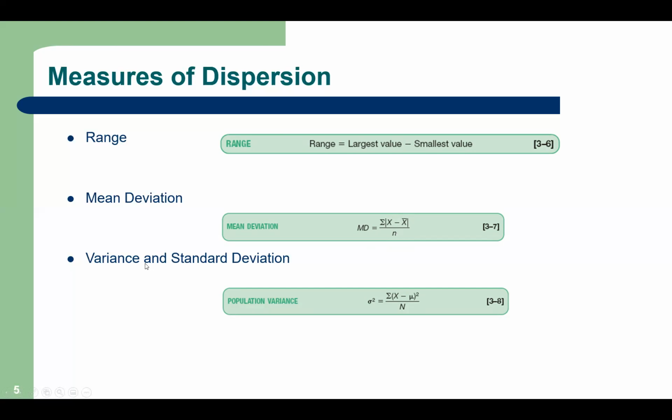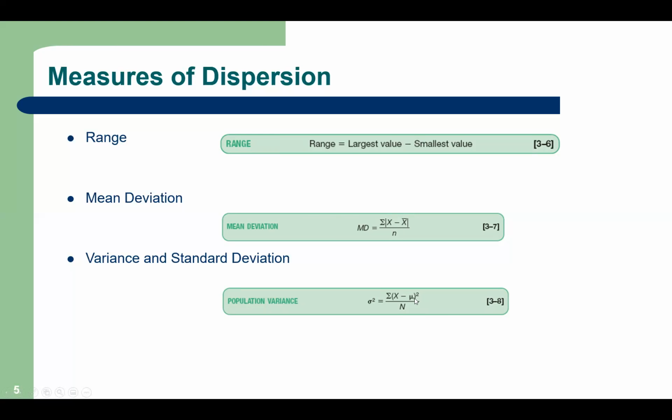The third one is variance and standard deviation. Variance is represented by sigma square, which is equal to the sum of (x minus mu) squared, divided by the number of values, where mu is the population mean.